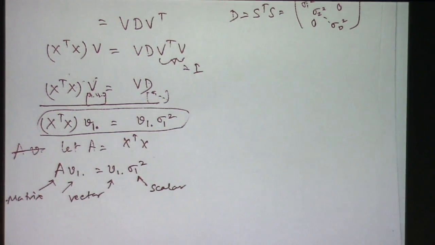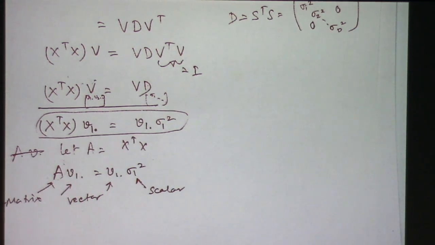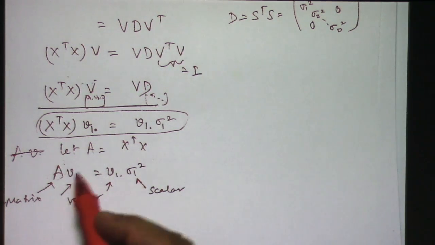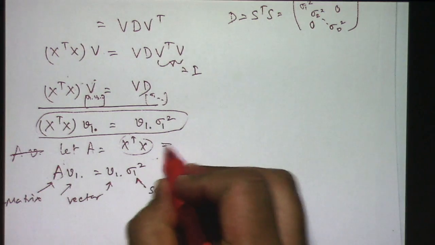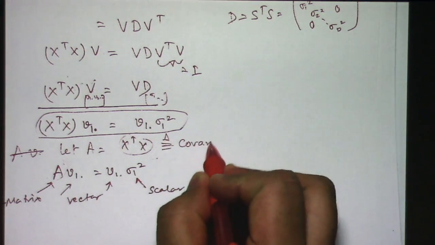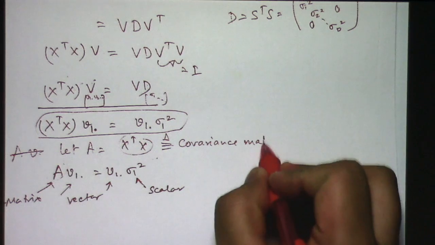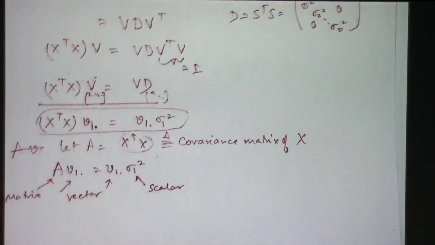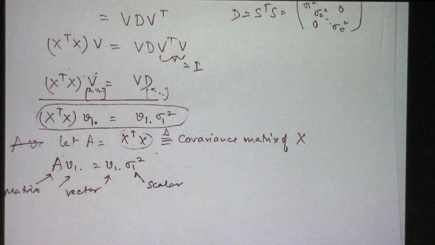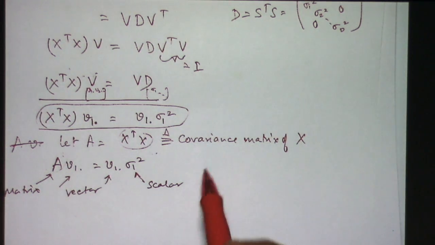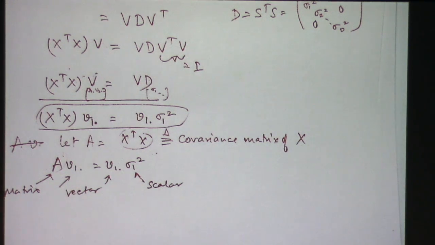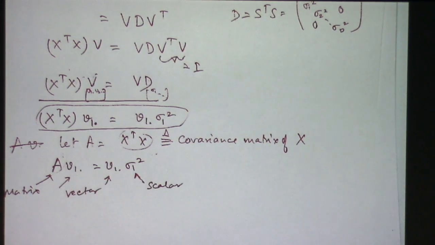So the solution for this will just be the eigenvalue decomposition of your A. Which means that X transpose X is sort of similar to the covariance matrix of your X. That's how you compute the covariance matrix, right? Which means that if you did PCA and computed the eigenvalues, they would be the same as if you did SVD and computed the singular values and singular vectors.